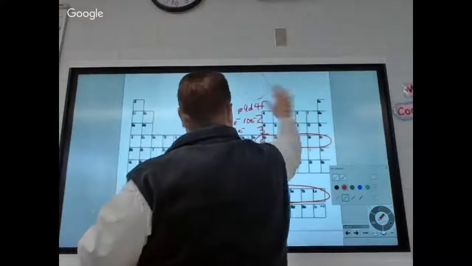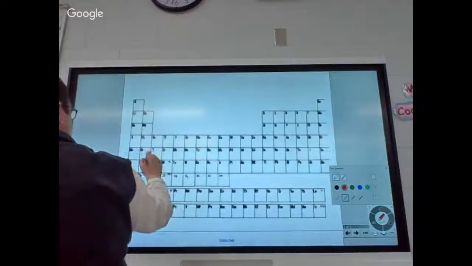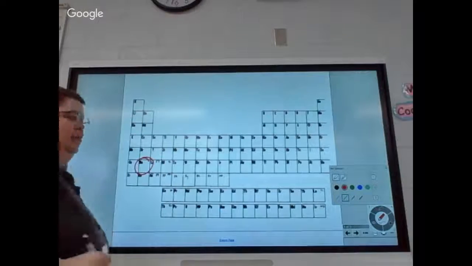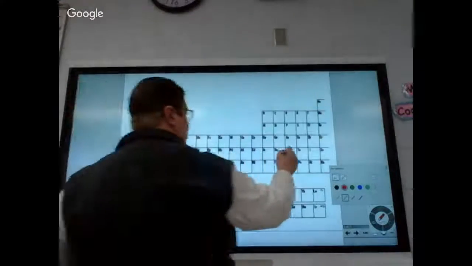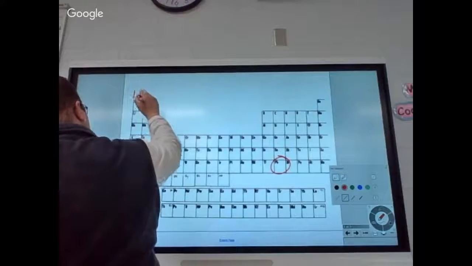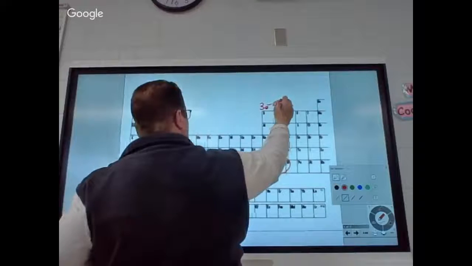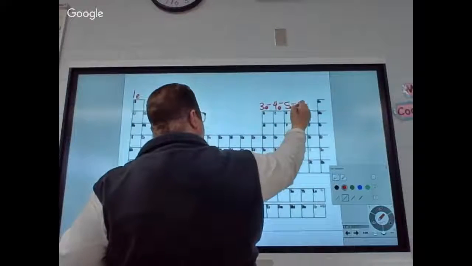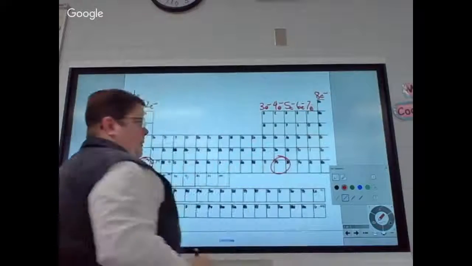It's in period 6, group 2. Ba is here, so how many dots does it have? It has 2. All right, Pb is here. How many dots does it have? It has 4 dots. So will it have 2 electrons or 2 dots? That's your answer. All right, Pb.